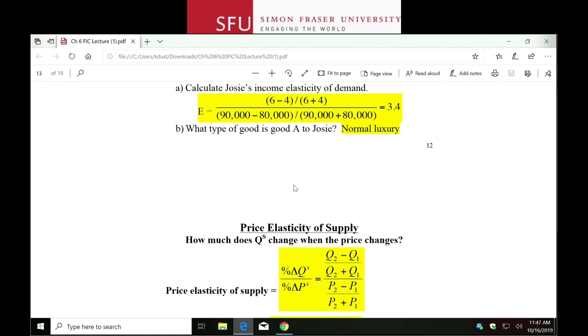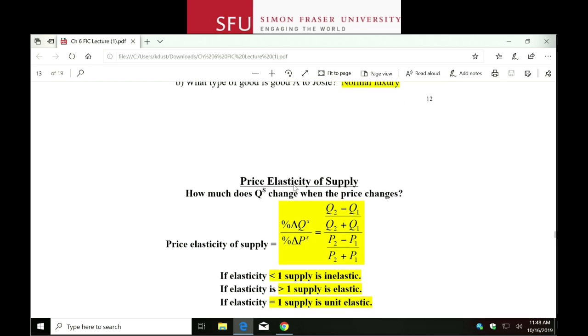And then we will classify it exactly the same way as well. If it's more than 1, it's elastic, less than 1, inelastic, equal to 1, unit elastic.